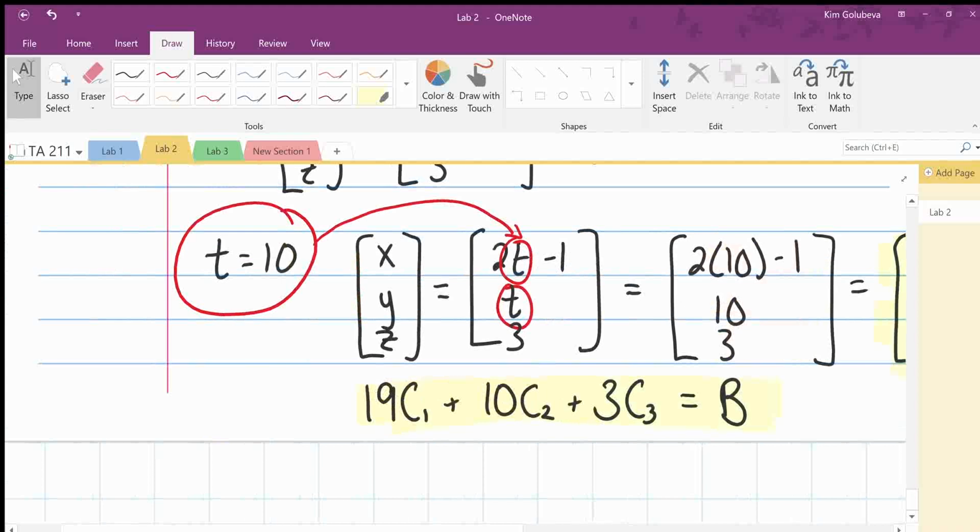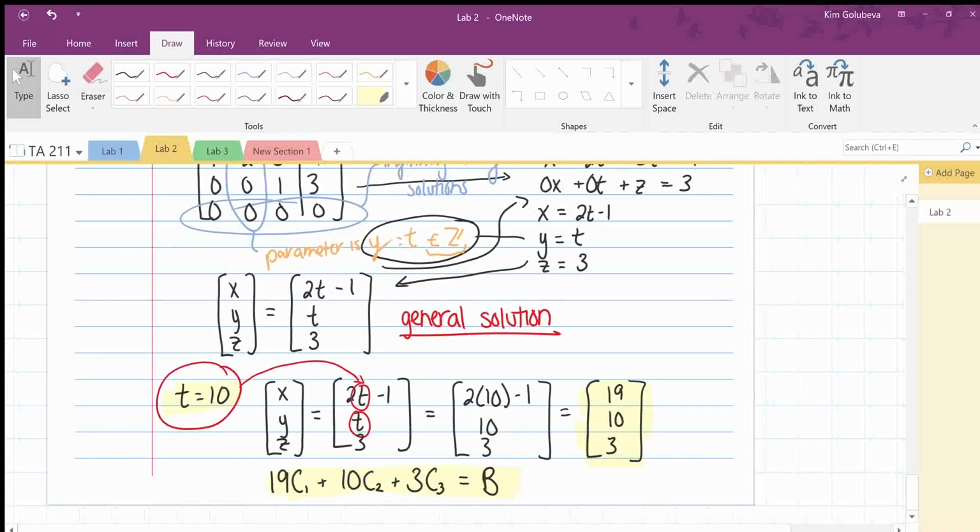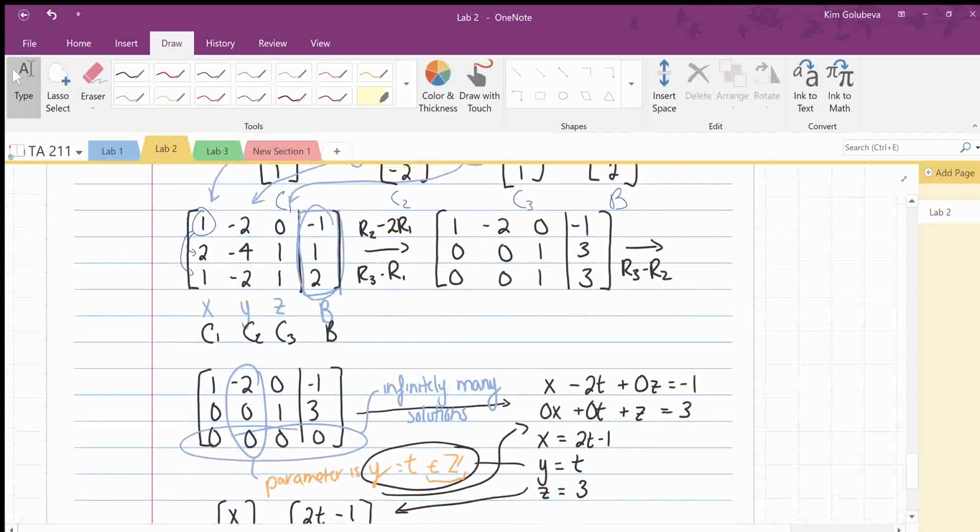And of course you can choose t to be anything that you want. So t can be 1, 2, 3. It can be, I don't know, 3.14. It can be whatever you want it to be.